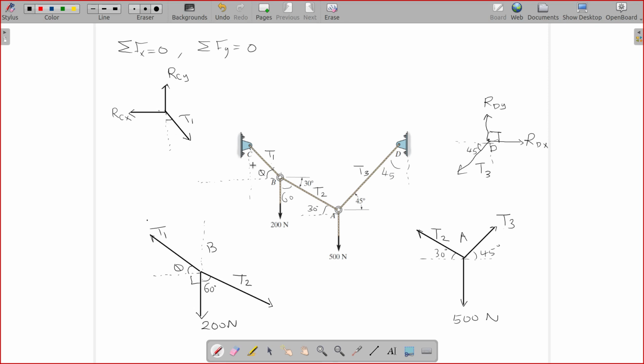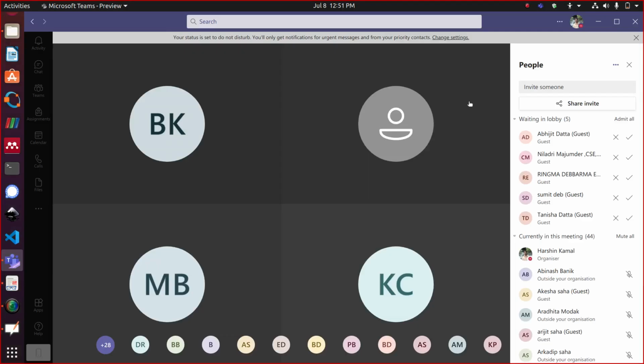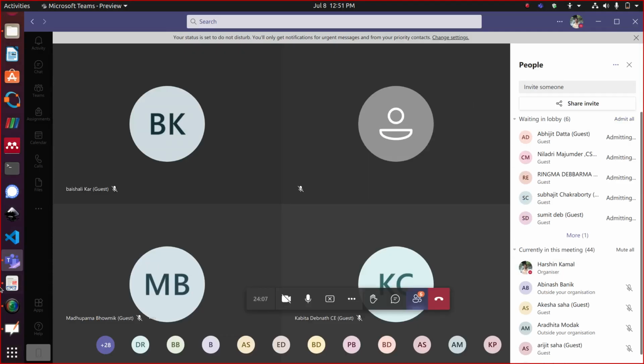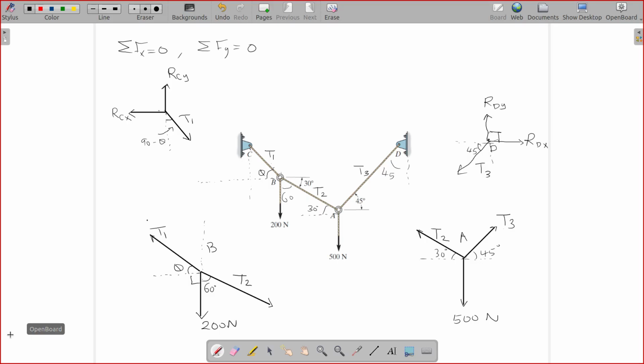And this angle here is 90 minus theta. Now I have written free body diagrams of all junctions, equilibrium equations, the vectors acting at each junction separately.